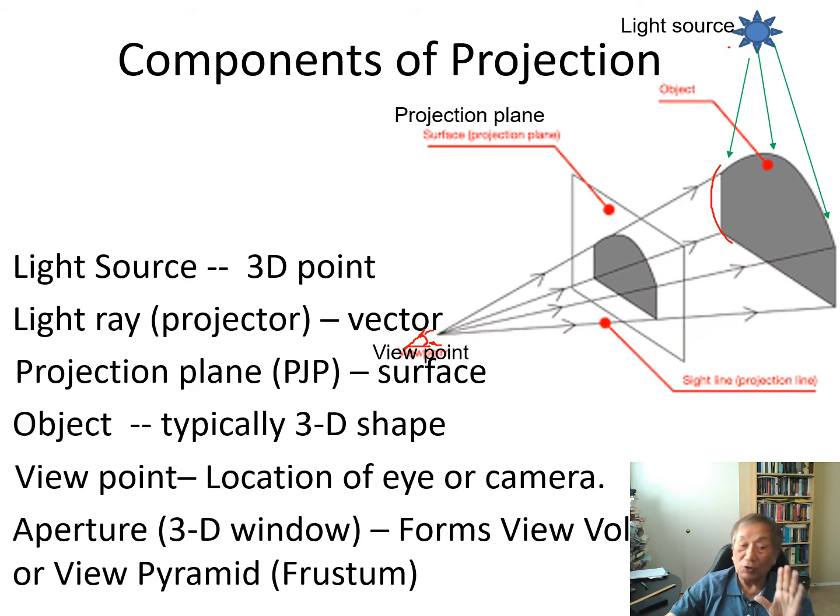Or this is where the human eye is, or the camera lens is. Humans have two eyes, but in this case, we just see one at a time, so to speak. Actually, the way we have two eyes, the left eye and the right eye see different things, and somehow in our brain they compose into stereo vision.